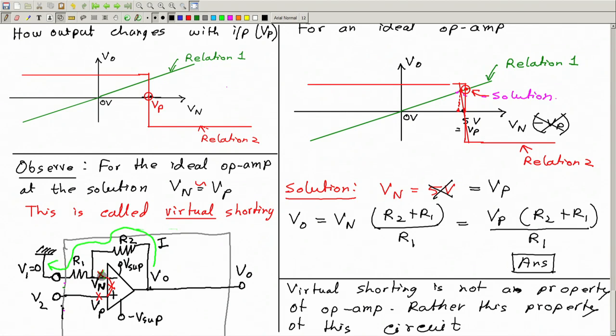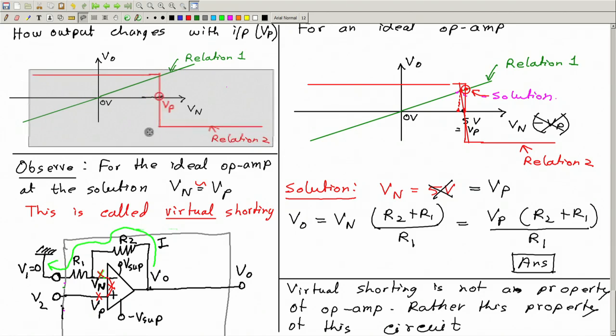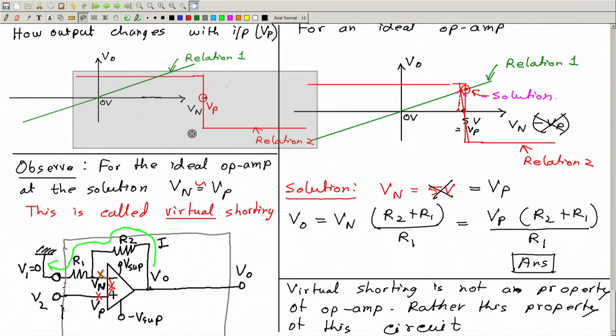And also this is true only when Vp is within the limit of the saturation. As we have seen, if I increase Vp like this, so now Vp is this much, the solution will be here, and therefore Vn is here.